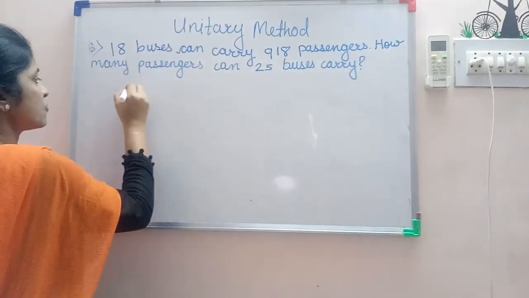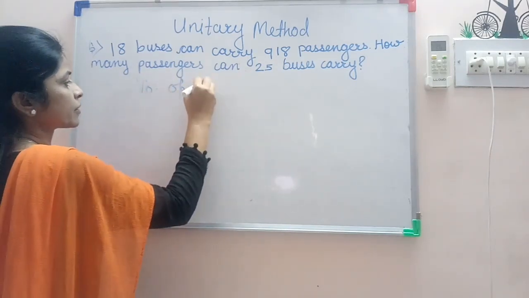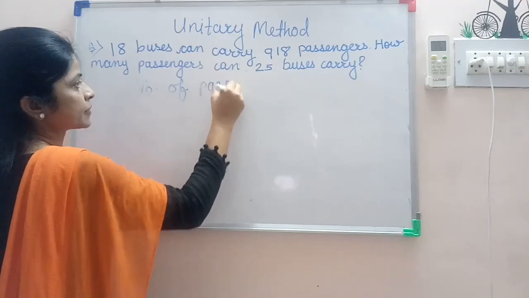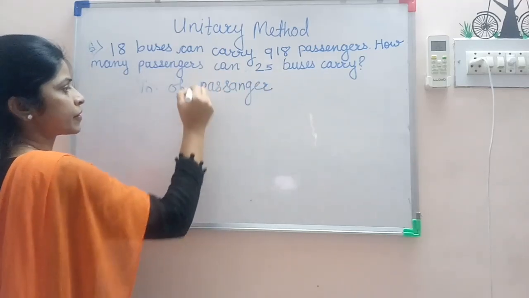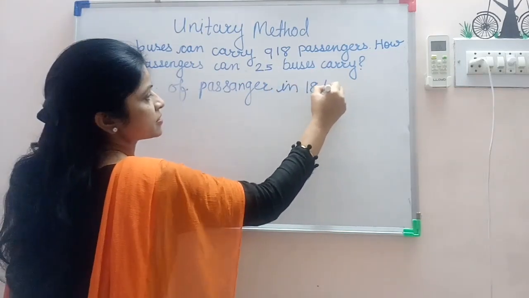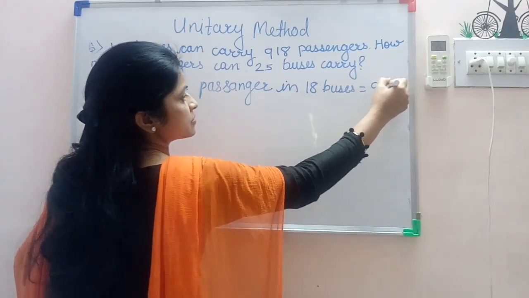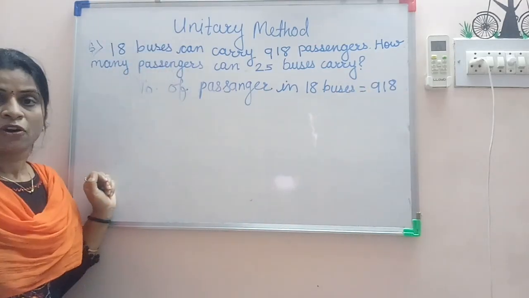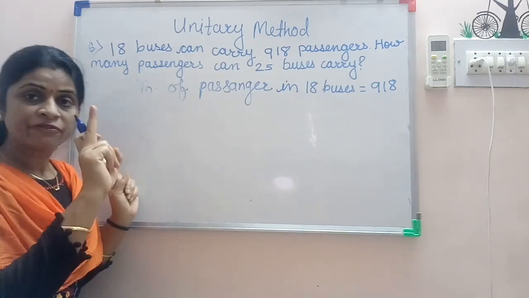So we will write first of all number of passengers in 18 buses, that is 918.